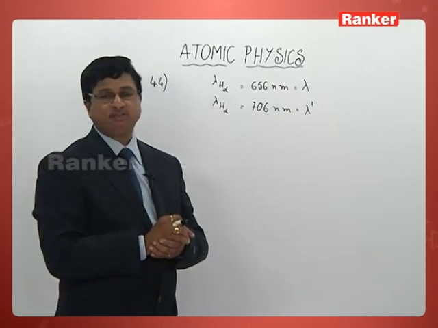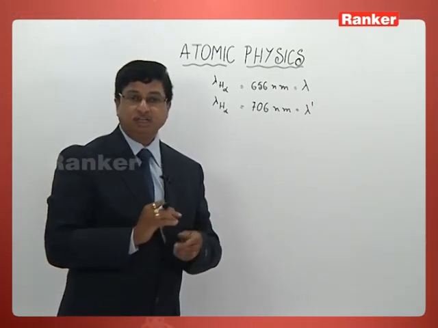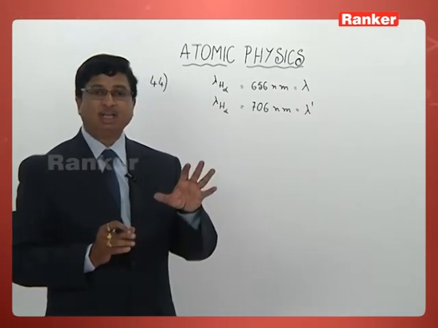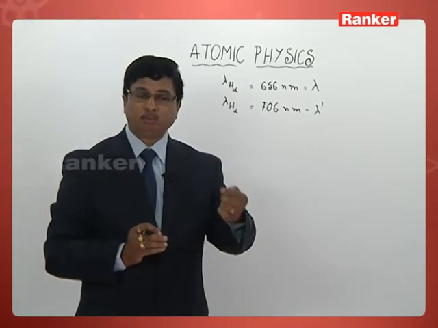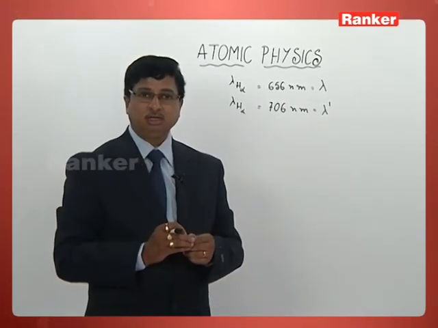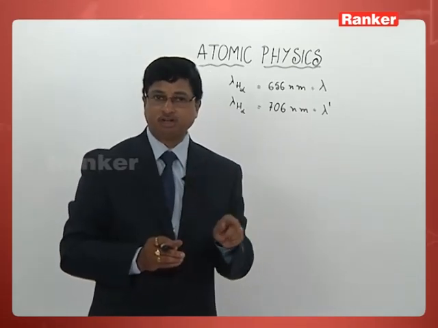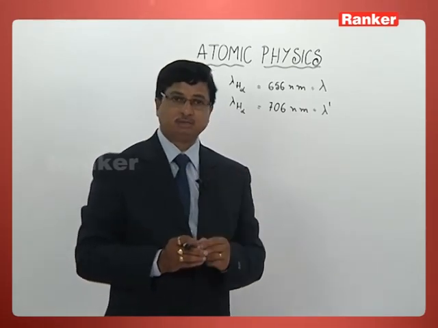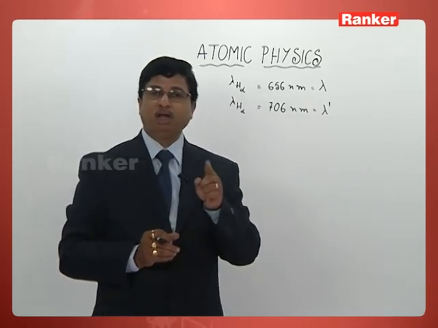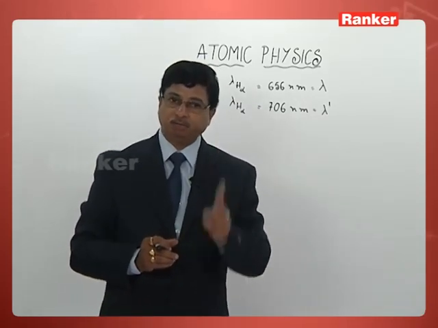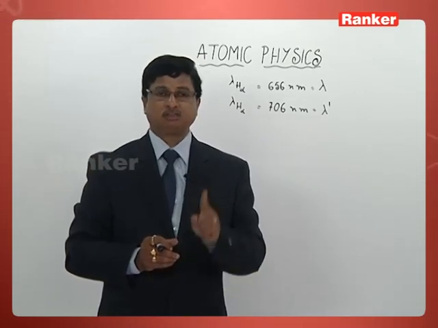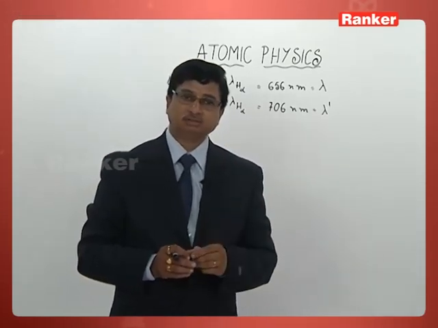Now look at what he is asking for. The estimated speed of the galaxy with respect to the earth is how much? That galaxy is in motion, it's understood. Otherwise this type of variation we would not have got. When we find a difference in the wavelength, it means the source is in motion.